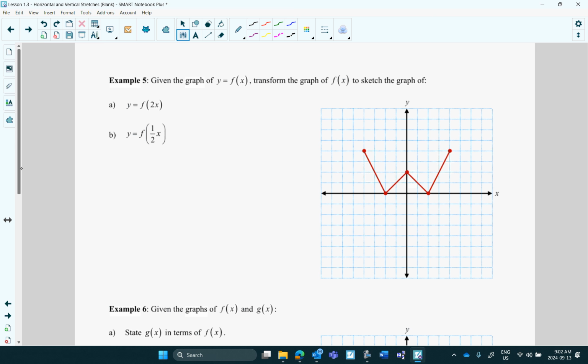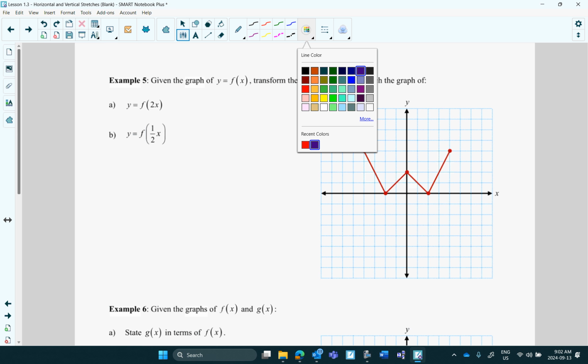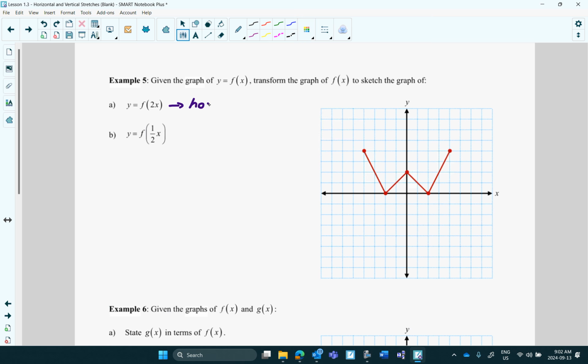Okay? So that means that this will be a horizontal stretch of the reciprocal of 2, or 1/2. This will be a horizontal stretch of the reciprocal of 1/2, which is 2.